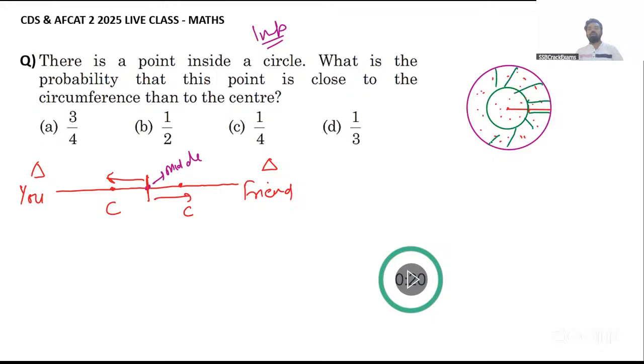The area of a circle, you know, is pi r square. Suppose r is the radius, then the area of the circle is pi r square.